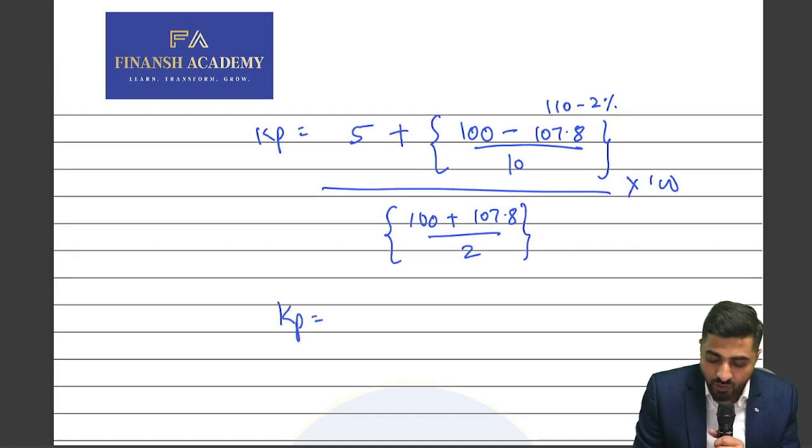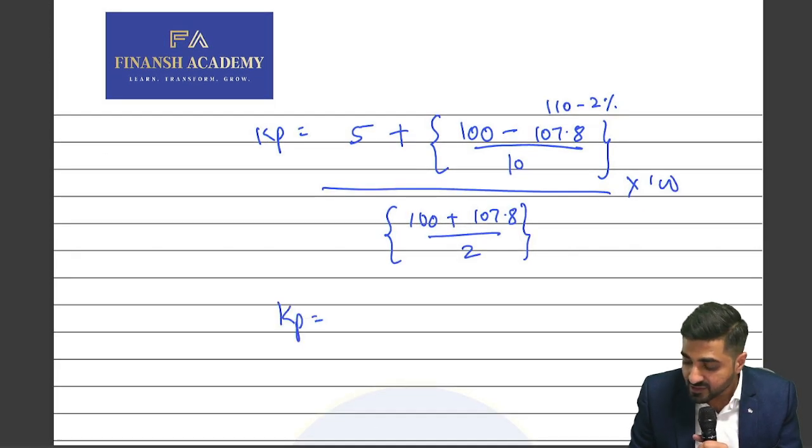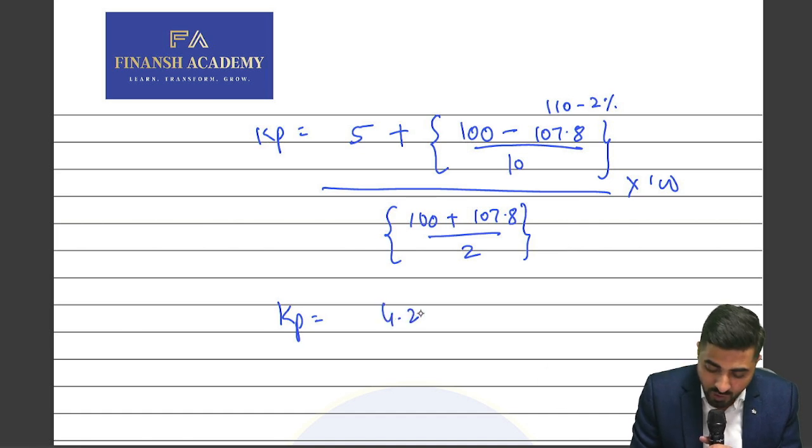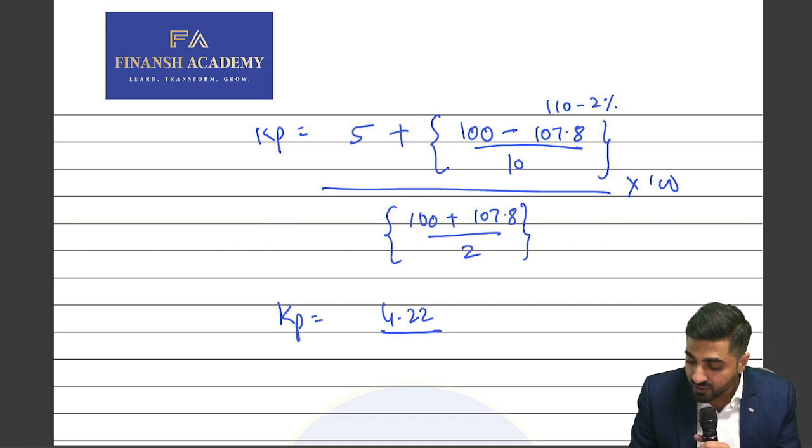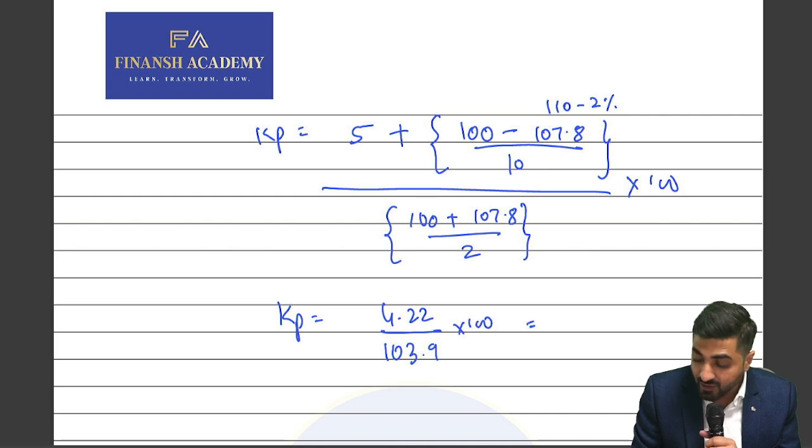What's your KP going to be? 100 minus 107.8 divided by 10. And this is going to be 5. The numerator will be 4.22. This will be 100 plus 107.8 divided by 2. This is going to be 103.9, which I need to multiply by 100.